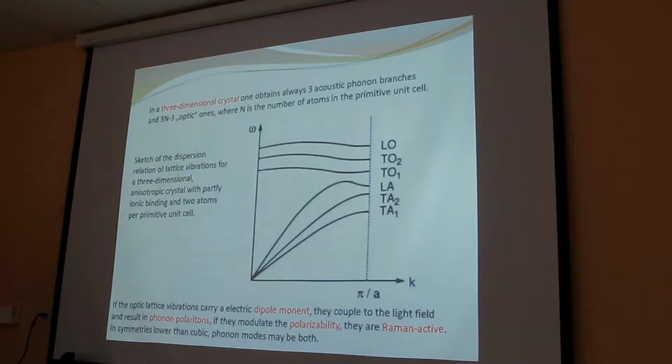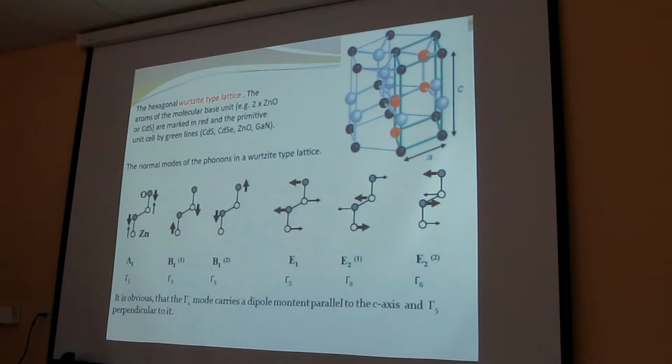They are called optic because they couple to the radiation field, provided that they are connected with a dipole moment. They can also be Raman active if they modulate the polarizability, and in cubic crystals they can be either optically active or Raman active. In lower symmetries they can be both.